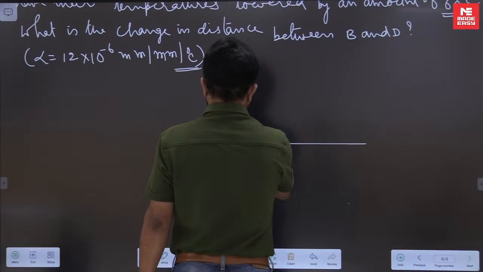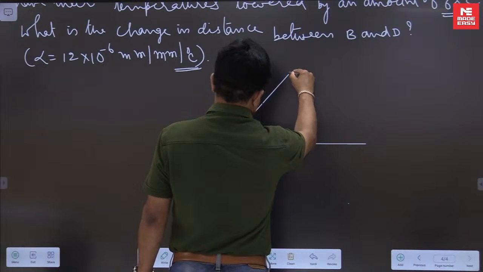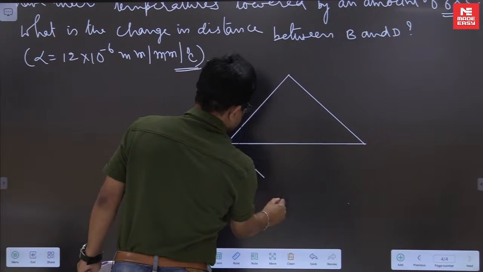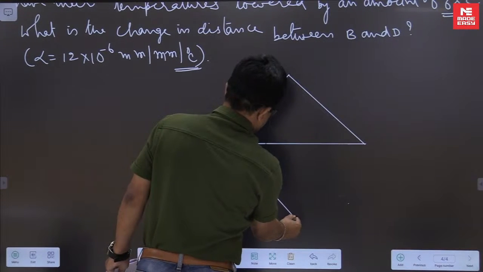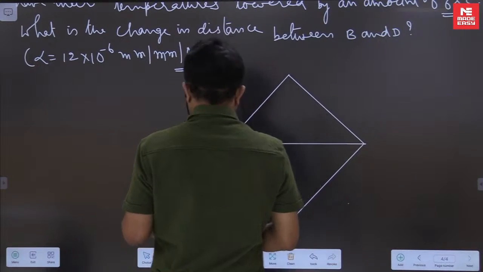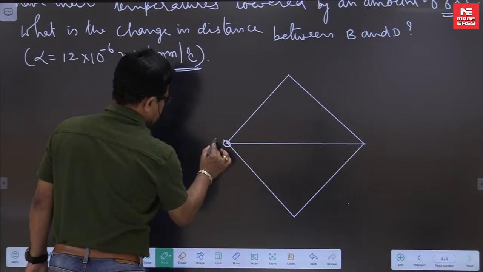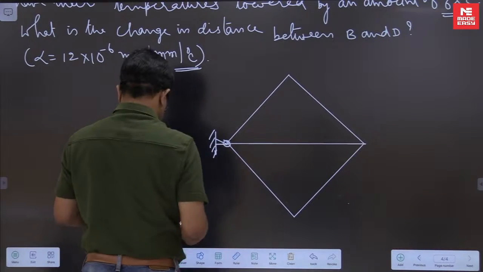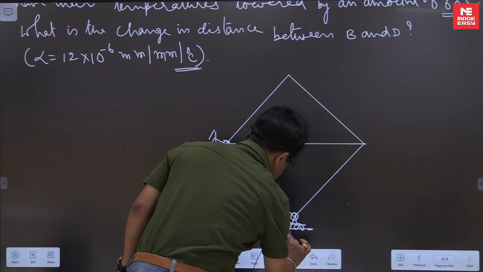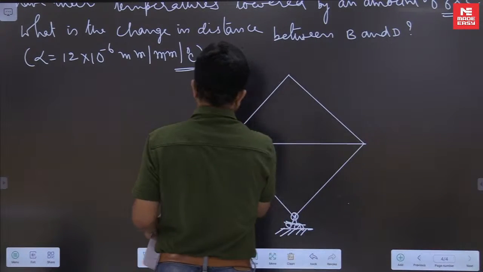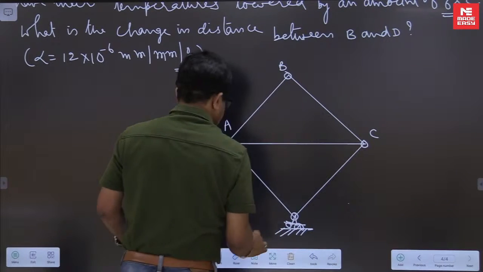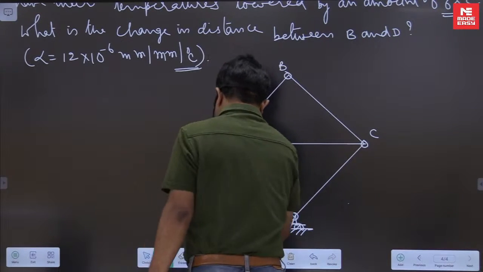Okay, now we have a hinge support here. We have a roller support. This point, let us say A, B, C and D. This length is 2 meters.